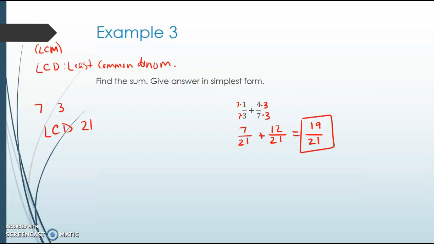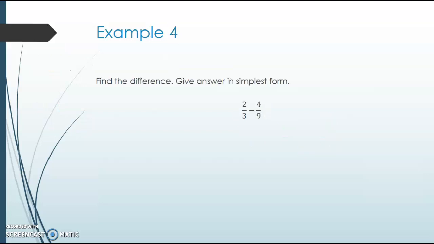Sometimes your LCD can be that only one fraction has to multiply. So while we're here looking at example 4, we're working with finding the LCD of 3 and 9. And I know that 3 will multiply to 9, so our LCD is going to be 9.